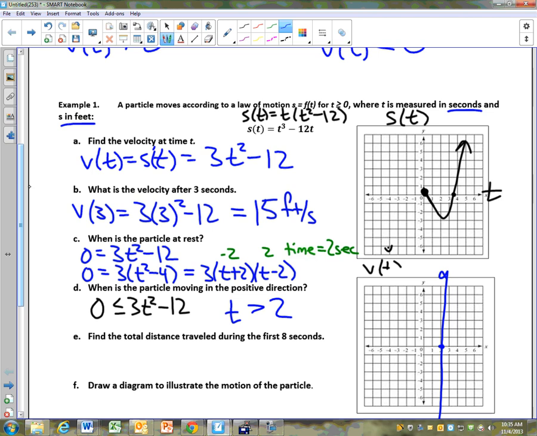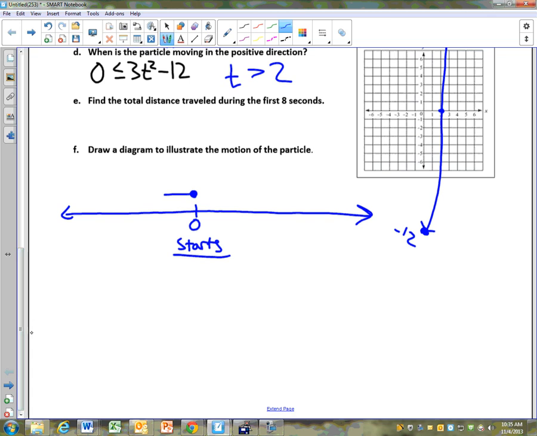If we plug in 2, you get 2 to the third, which is 8, minus 24, negative 16. So the particle starts here, and it travels all the way back to negative 16. I'm just going to make a note here. That's at time equal to 2. This is at time equal to 0.